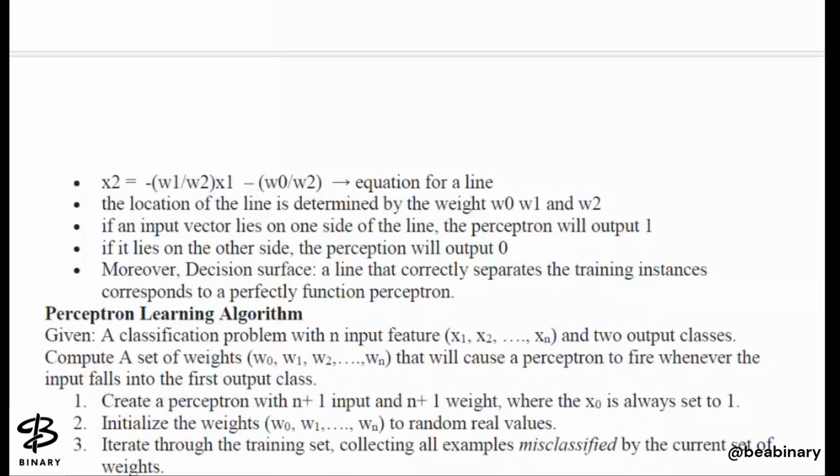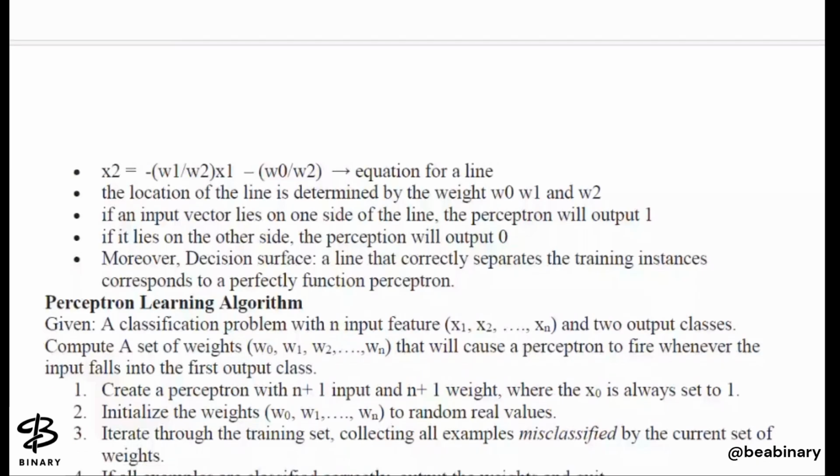If an input vector lies on one side of the line, the perceptron will output 1, and if it lies on the other side, the perceptron will output 0. So what do you understand by this? Moreover, the decision surface, a line that correctly separates the training instances, corresponds to a perfectly functional perceptron.